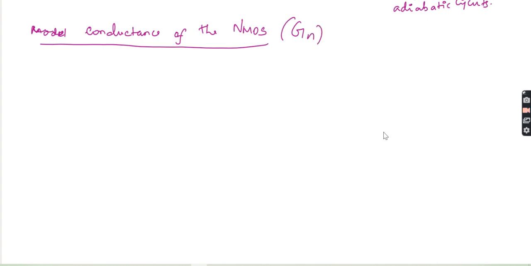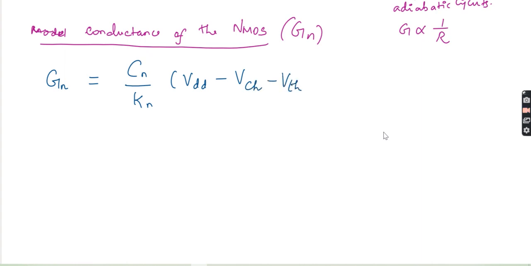The conductance is inversely proportional to resistance, that is 1 by R. So we will write Gn is equal to Cn by Kn into VDD minus VCH minus VTH. We take this as equation number 1.